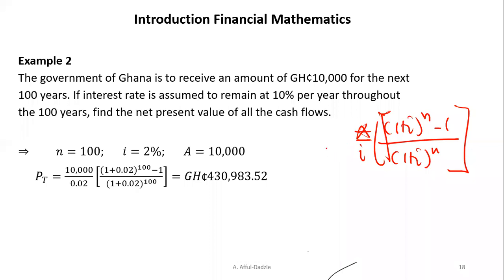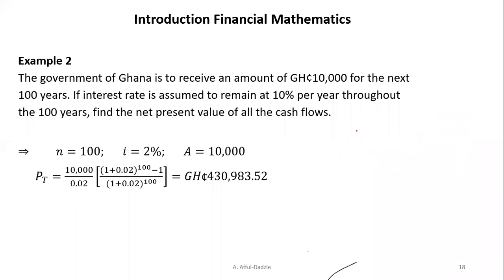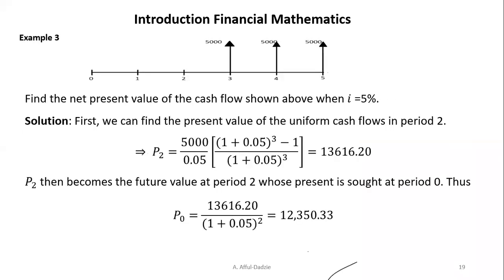Please let me say it again: it brings you to the period that immediately precedes the beginning of the cash flow. So, for instance, when we had... Julius, you have a question.